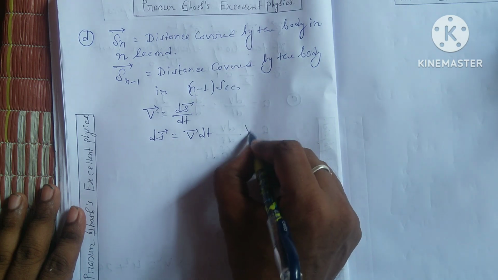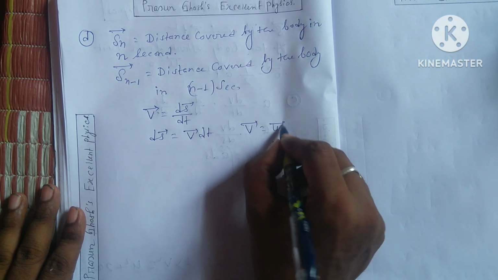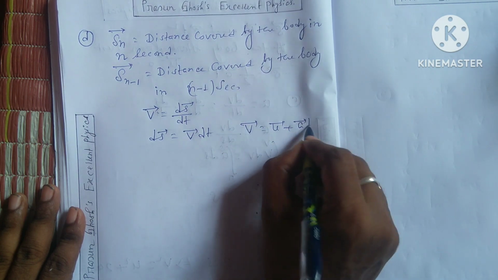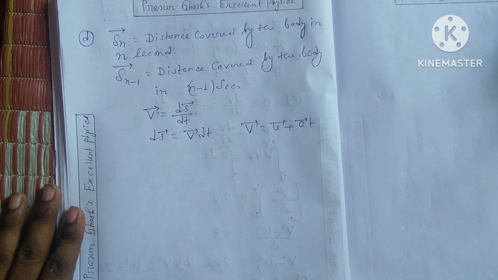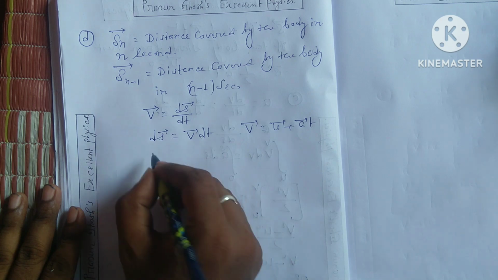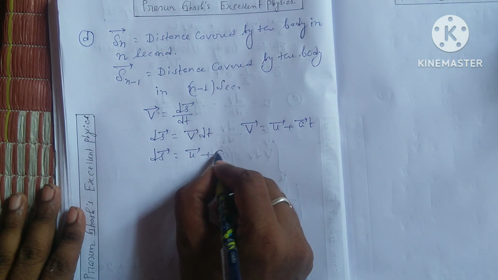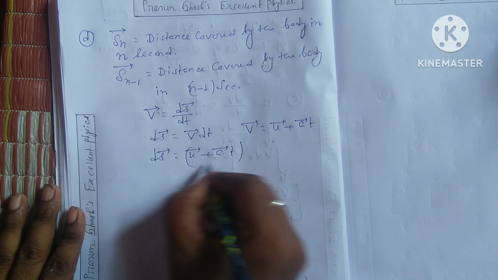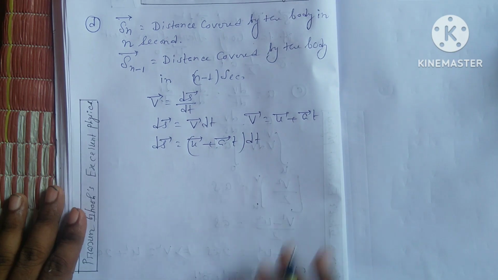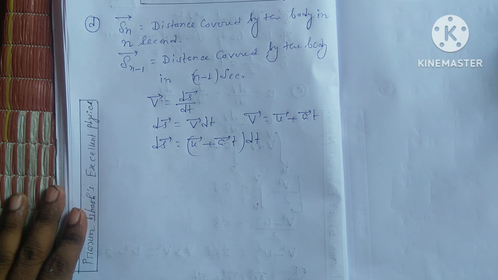Again we know that v equals u plus at, so ds equals (u plus at) dt.